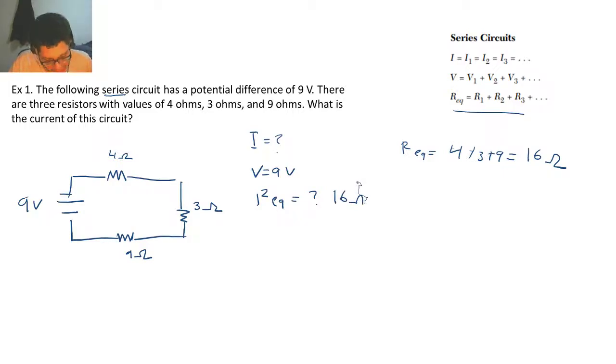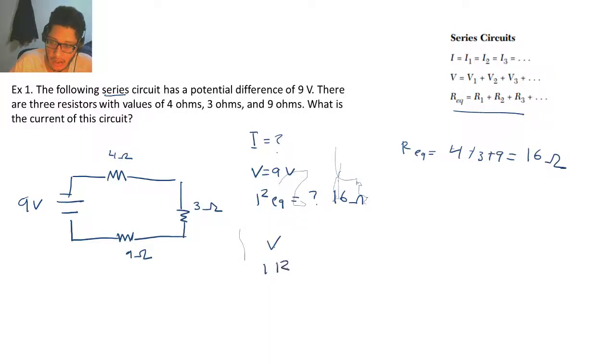Once I have the 16 ohms of resistance here, I have an R, I have a V. I need to solve for an I. We can use our triangle again to help us solve that out.